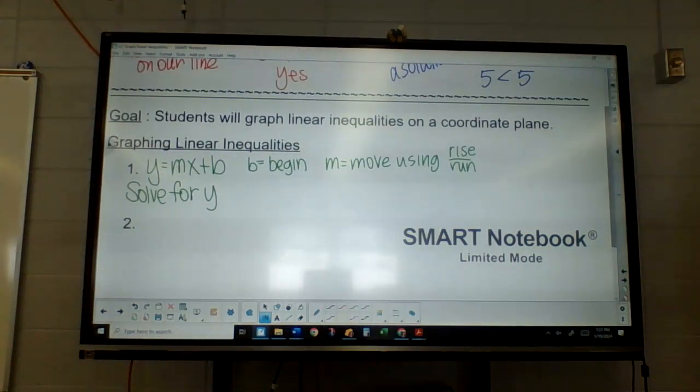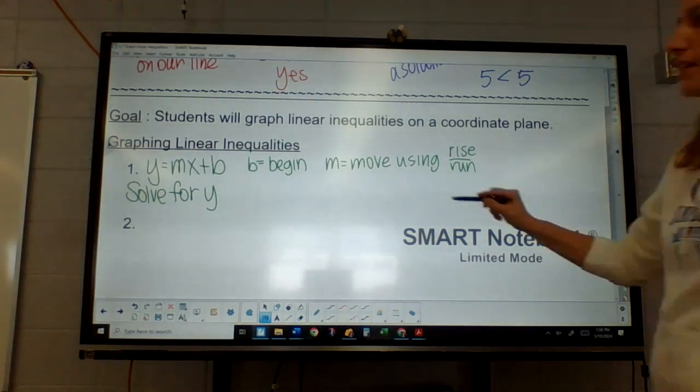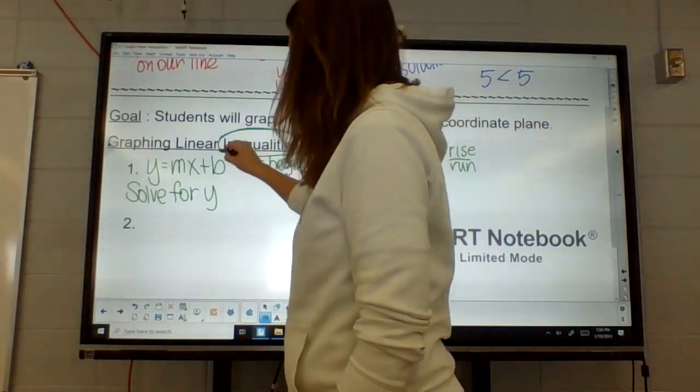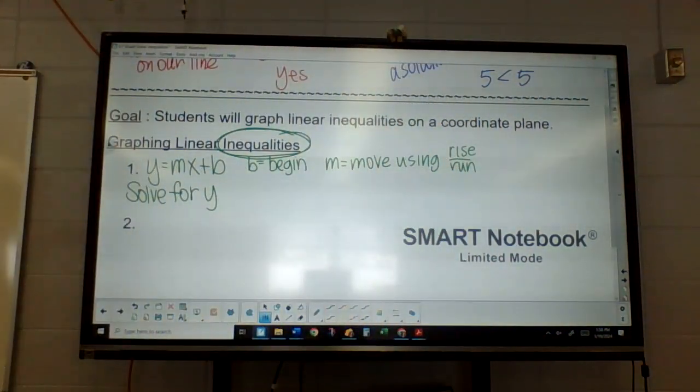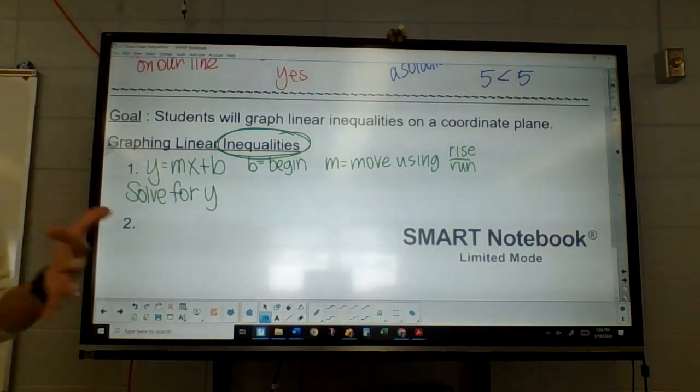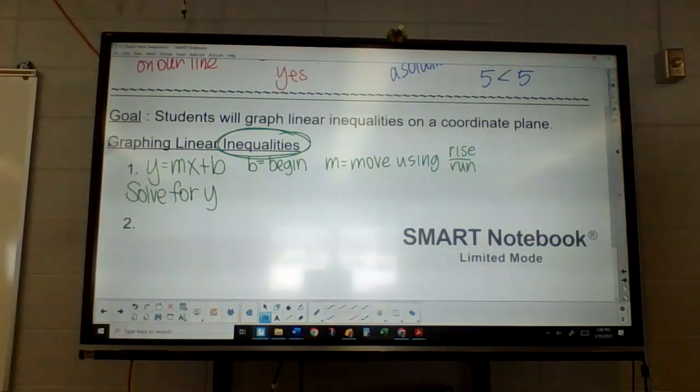Now, when we solve for y, I'm going to let you guys know that today, rather than having the equal sign, we're solving inequalities. And if you recall, there was an extra step of solving inequalities that was really important: when we multiply or divide by a negative, we have to flip that inequality. That still happens when we graph.